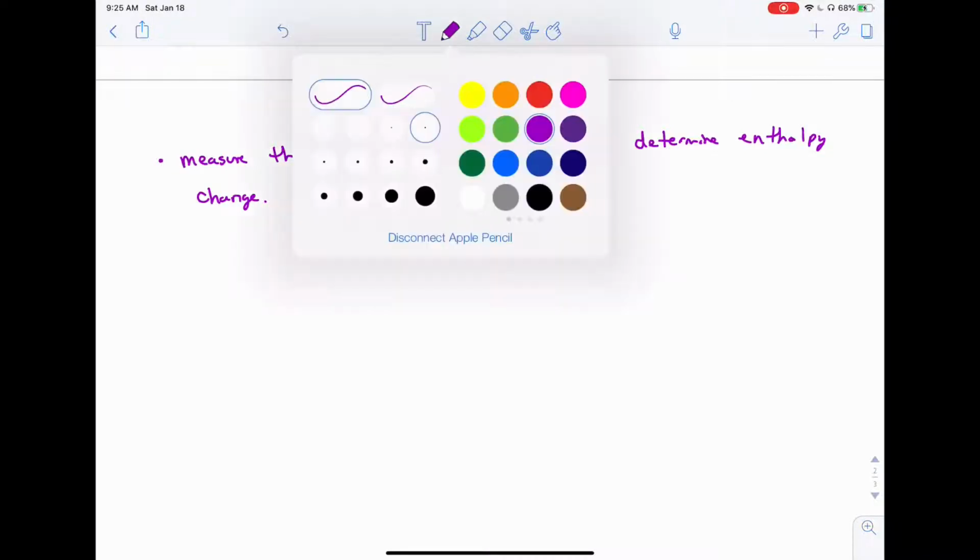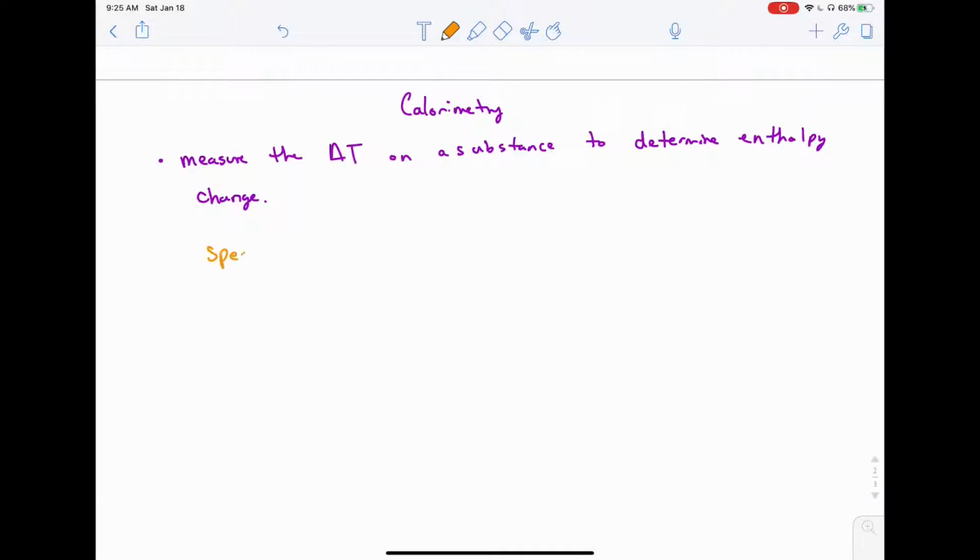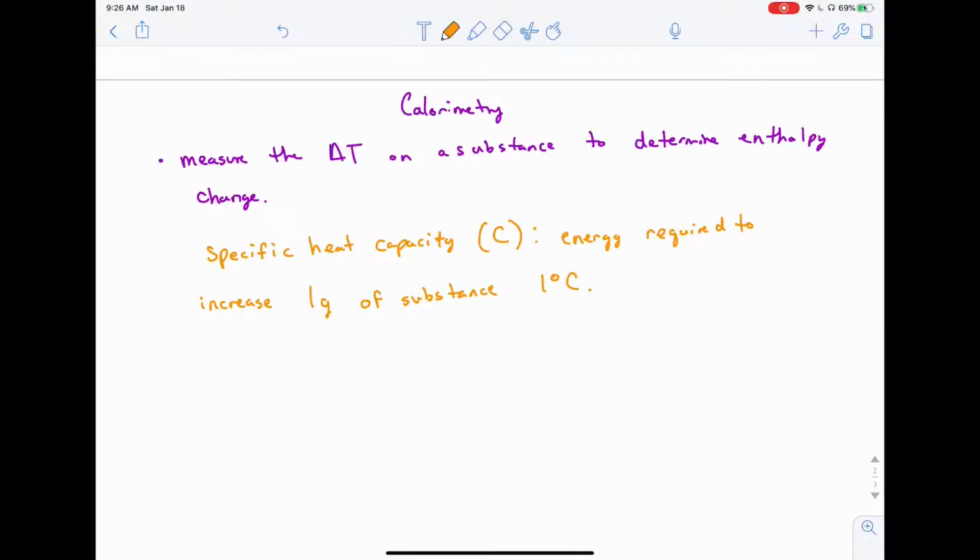What you have to know for this problem is what's called the specific heat capacity, which is C. Specific heat capacity is the energy required to increase 1 gram of substance 1 degree Celsius.